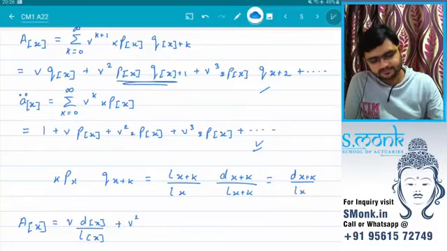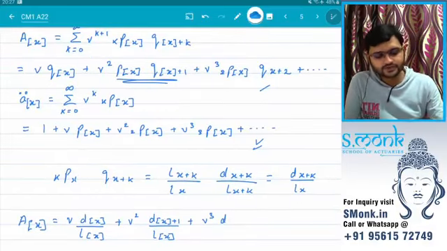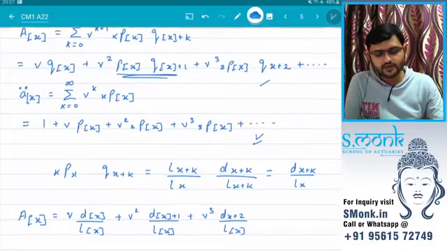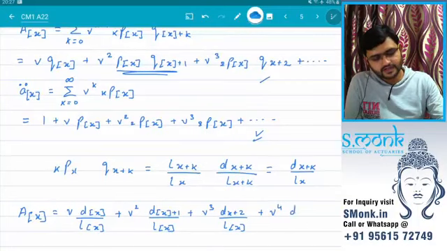This will become d select x plus 1 upon l select x plus v cubed d. See, after 2 years select period goes away, so I can just write x plus 2 upon l select x. x is still, l will always be l select x. Similarly, v raised to 4, I will have d x plus 3 on l select x, and this goes on forever.